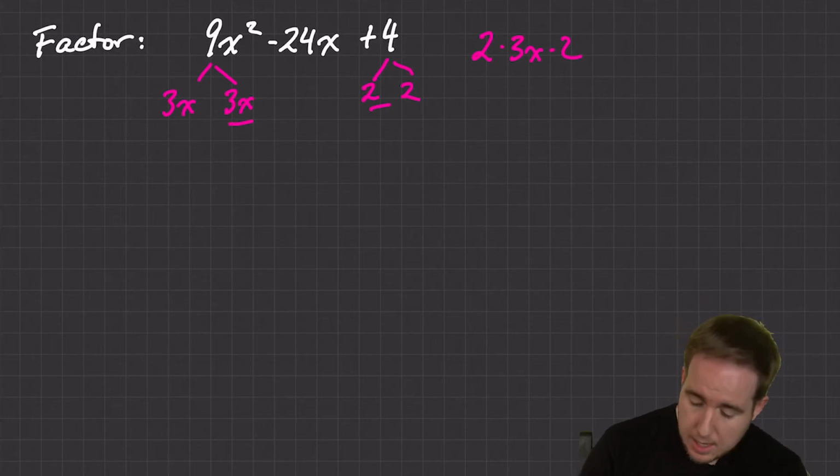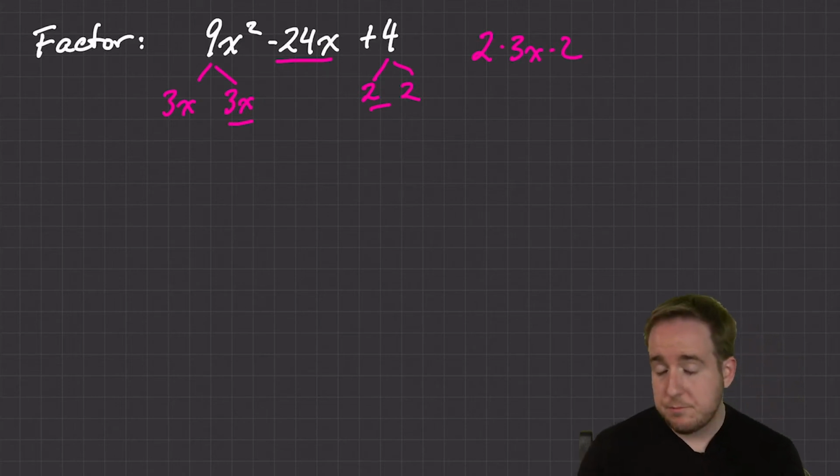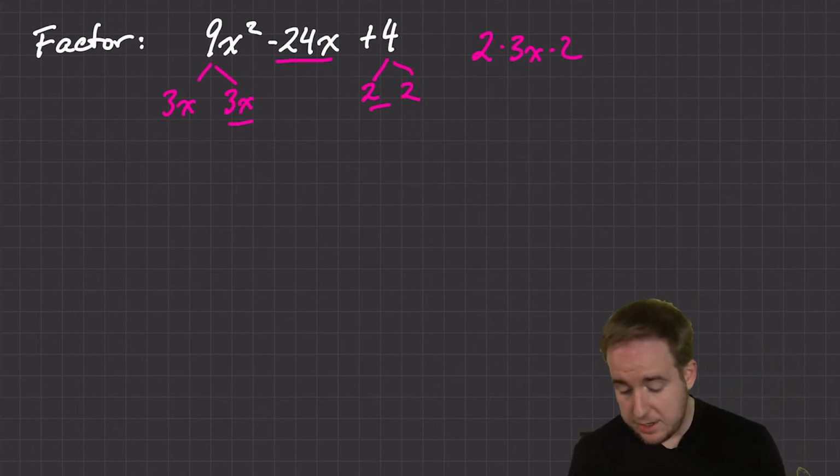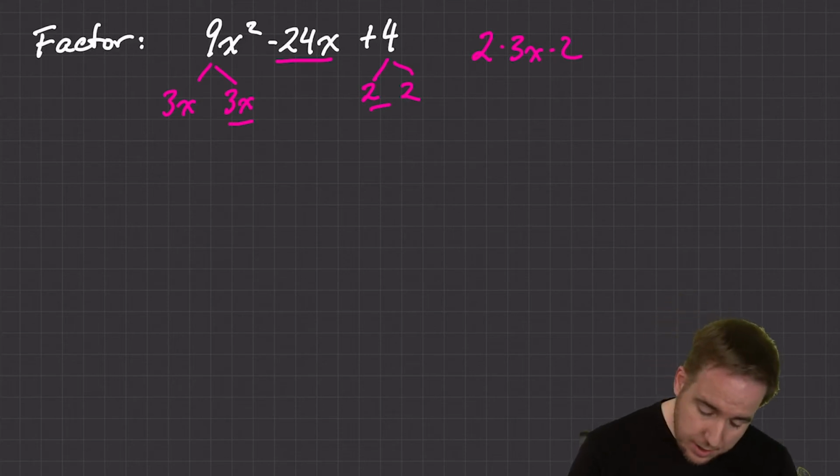So let's see, 12 is not the same as 24. Sorry, I shouldn't put an x there. That's a little bit confusing. So this, at least the way it's written, doesn't factor. You still have to check the other way.